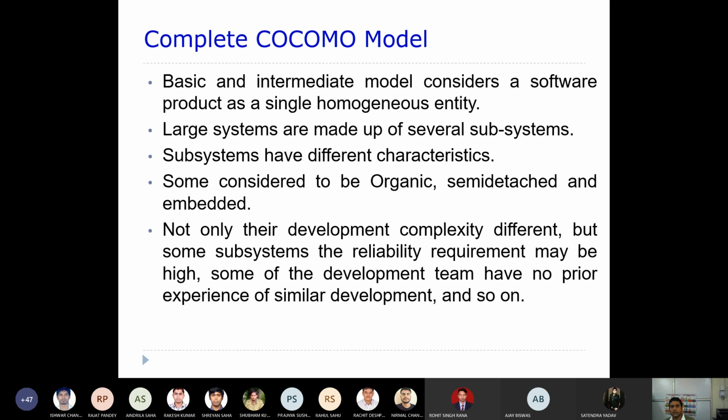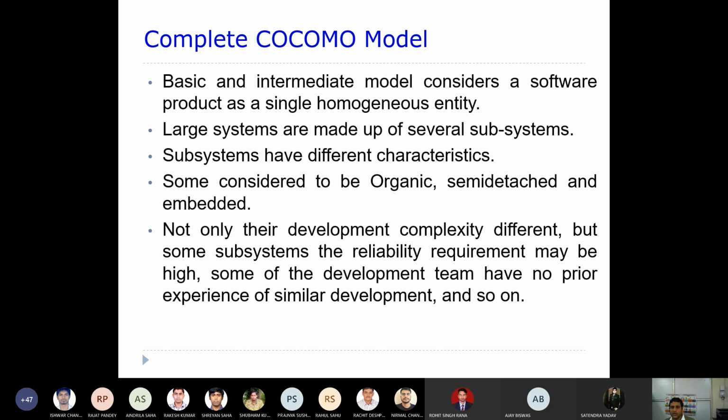Now the final one is the complete COCOMO. The basic and intermediate models consider the software product as a single homogeneous unit. But large systems are made up of several subsystems.